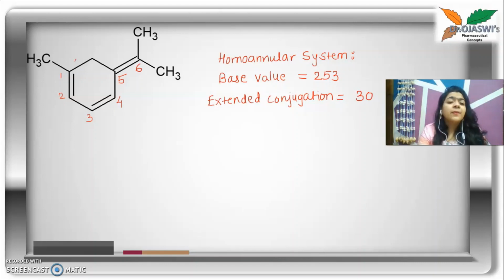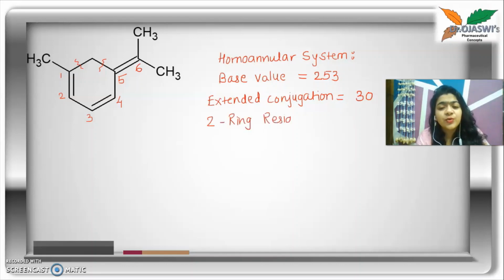Okay. Then the next thing is identifying ring residue. I can see bonds on carbon number 1, carbon number 5, and those bonds, they are part of ring, so I call it as ring residue. Such two ring residues, they increase the lambda max by 2 into 5, 10 units.